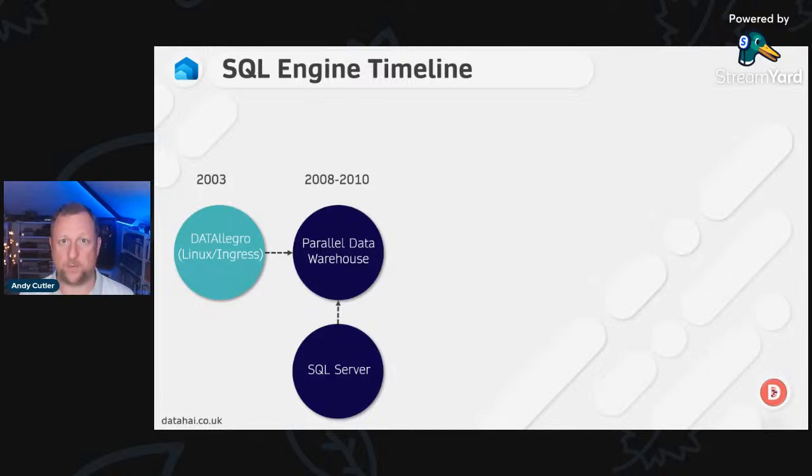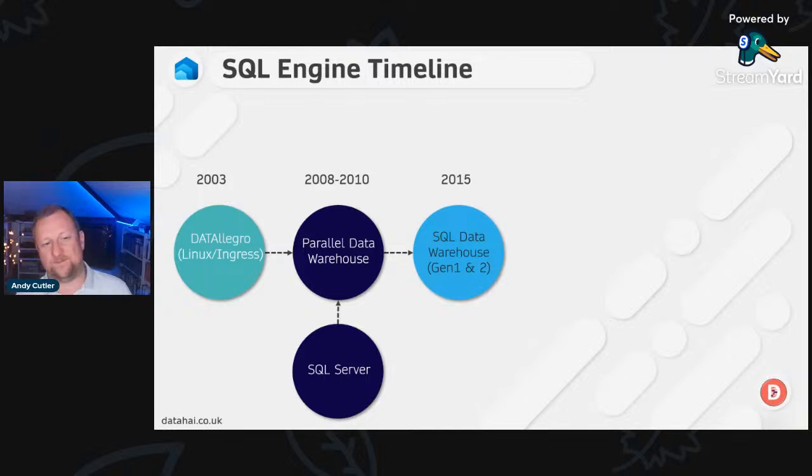People would come and install this appliance in your data center, and you could run large scale, multi terabyte data warehousing. It did advance after PDW into the Analytics Platform System and added the ability to read from the data lake.